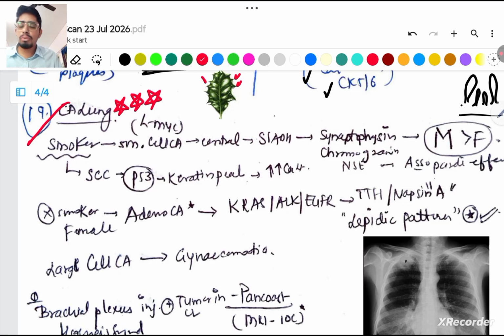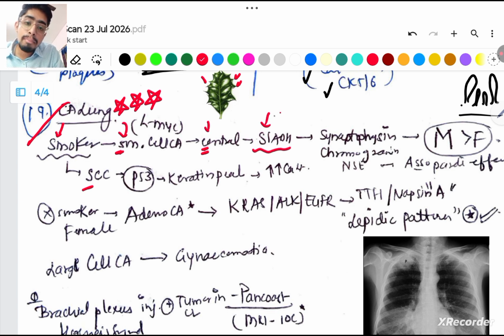So if you ever see the word smoker in a CA lung question, you think of two things: small cell cancer and squamous cell cancer. Small cell cancer involves the central lobe. Now, here every word starts with S: smoker, small cell carcinoma, central, SIADH.